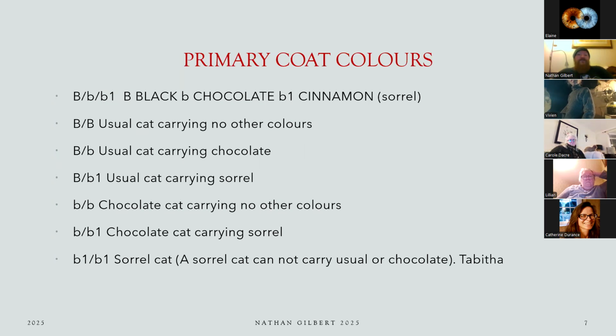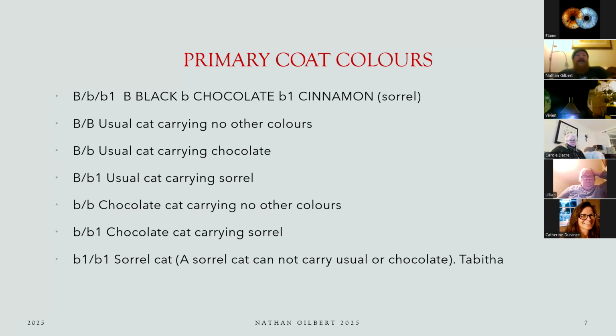And that is the order of dominance. Black, then chocolate, then cinnamon. So, and these little letters on the side, they denote the B gene, which is the black gene, and how that's expressed. So the capital B is the black, the usual cat, and it can have 2 copies the same.